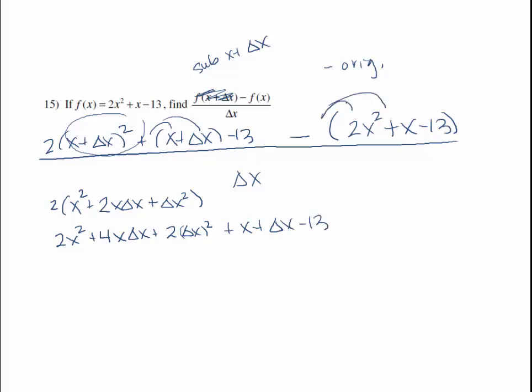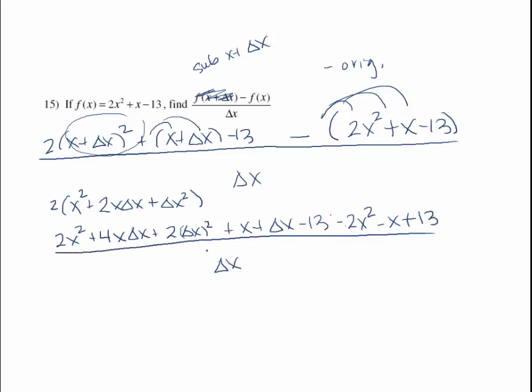And we're going to distribute the negative. And now let's see what we combine. So negative 2x squared, negative 2x, or positive 2x squared. The x's, a positive and a negative, and the 13s. And that's going to leave us with this and this.